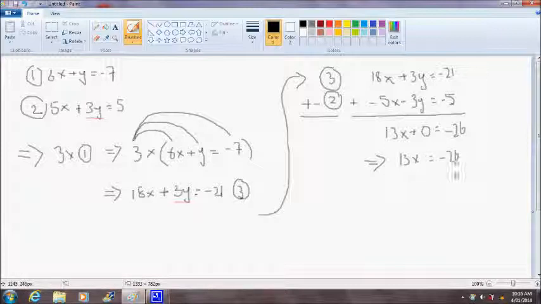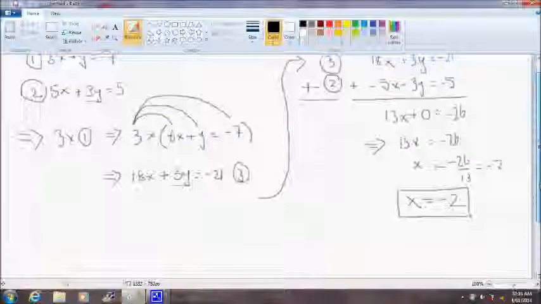And if we now divide both sides of this equation by 13, 13 divided by 13 is 1, negative 26 divided by 13 will give us negative 2. So our solution for x is equal to negative 2.